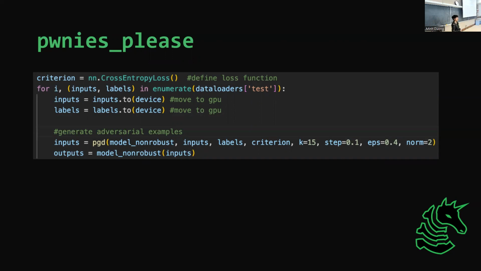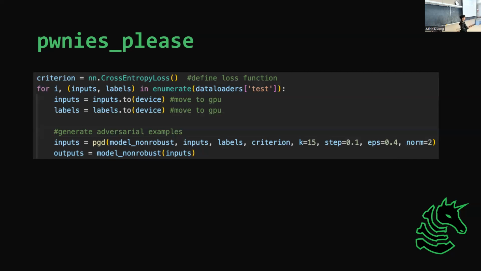But it works kind of the same way. PGD is projected gradient descent, and basically you're given some epsilon, a number of steps, and a step length, and that's how far it's going to find an attack, and it's going to try and find a different local minimum.